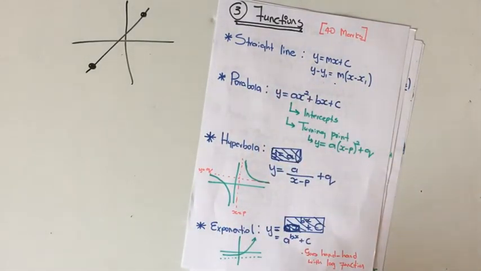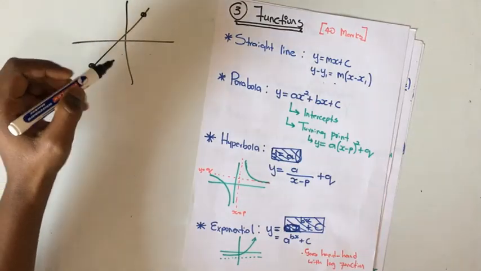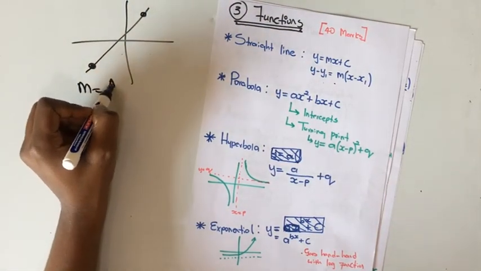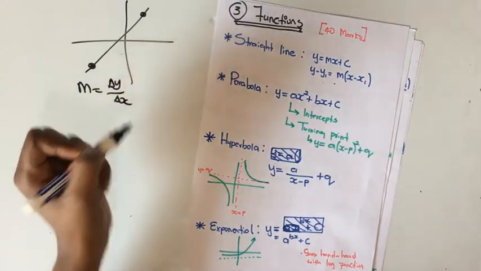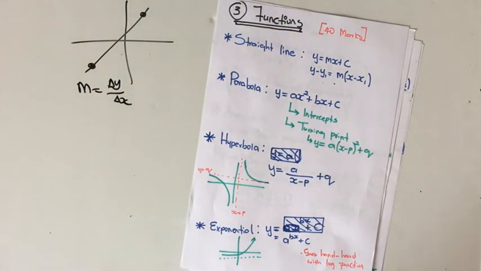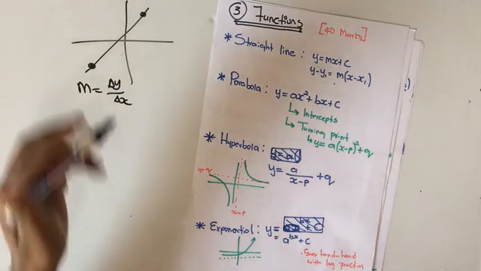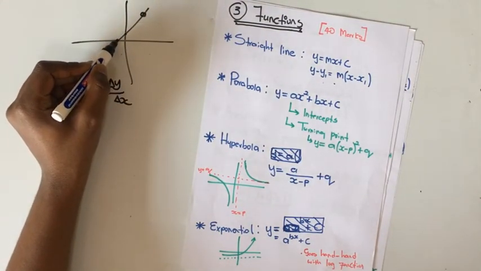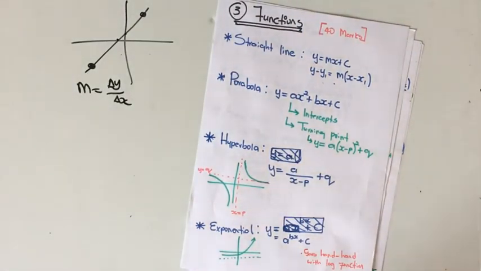Those 2 points will lead you to find the gradient, which is basically changing y over changing x. You can also find the intercepts: where it's crossing the y-axis, you let your x be 0, and where it's crossing your x-axis, you let your y be 0. This is what you're familiar with from the previous grades.